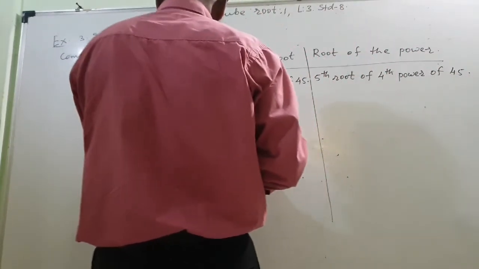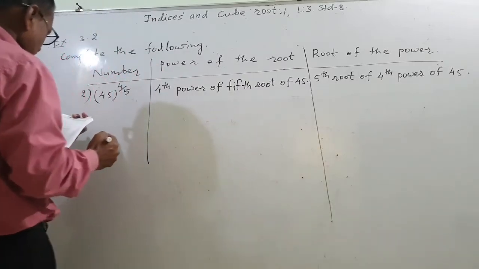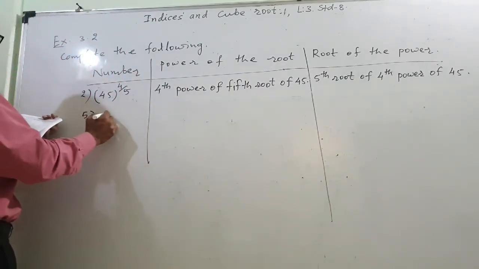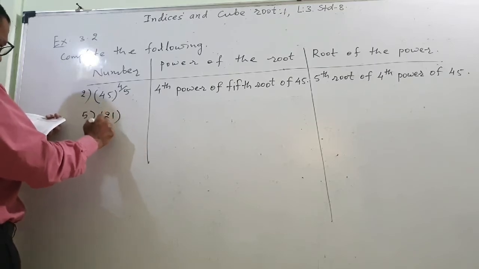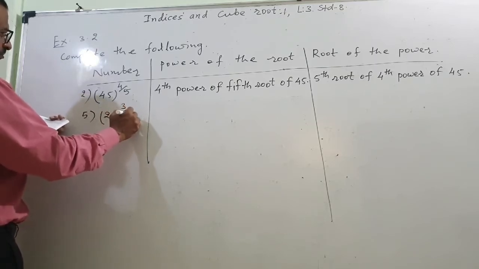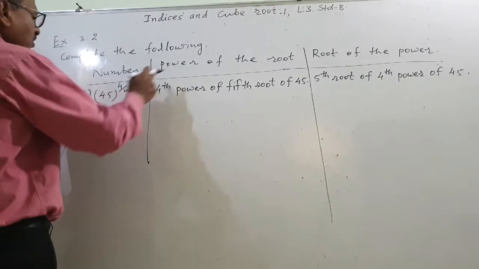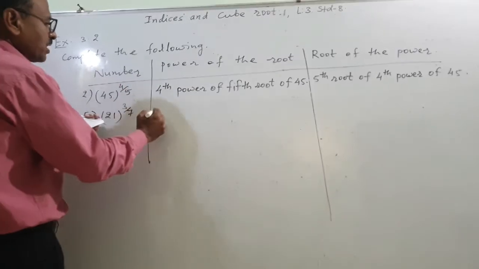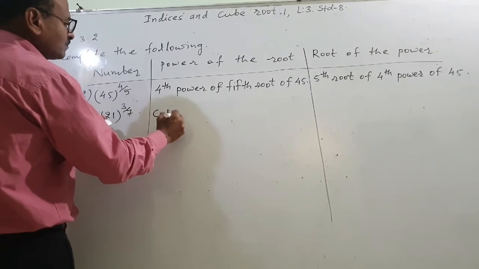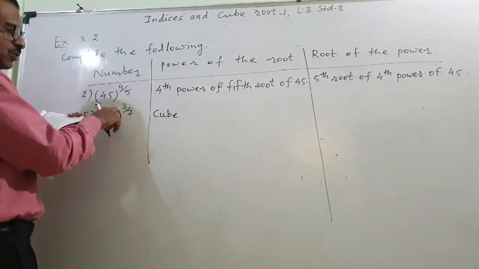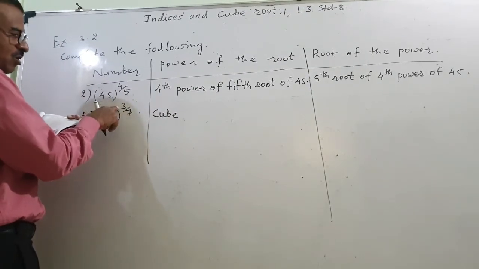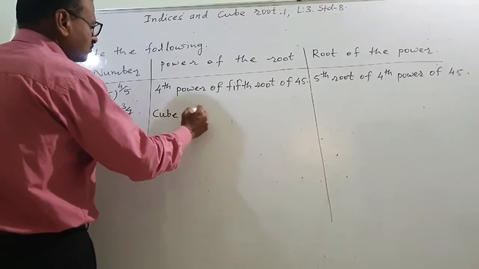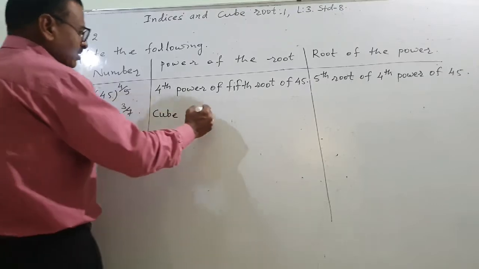On this basis, then I will take the fifth one, 21 raised to 3 upon 7. Power, which power? This is the power. This is third power. So it is called as the cube of. Third power is called cube. And second power is called square. So cube of. Which root? Seventh root.